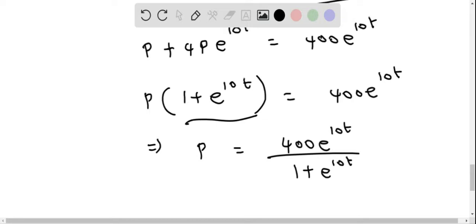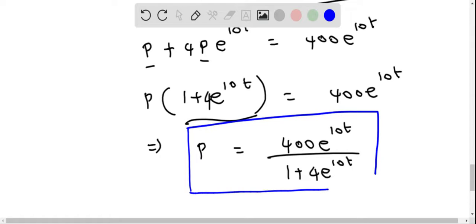Okay, this one is actually 4 e power 10t, because when we factor p from these two terms, we will be left with 4 e power 10t. So I'm going to change this to 1 plus 4 e power 10t. And so this is the final expression for the population of deer.